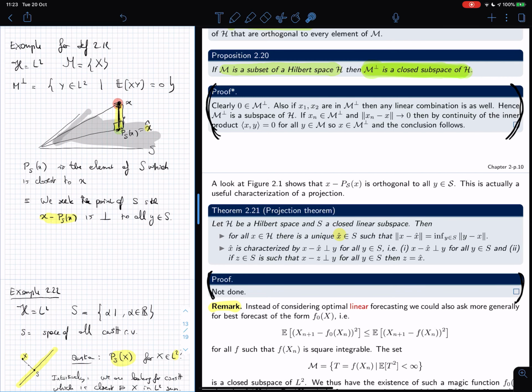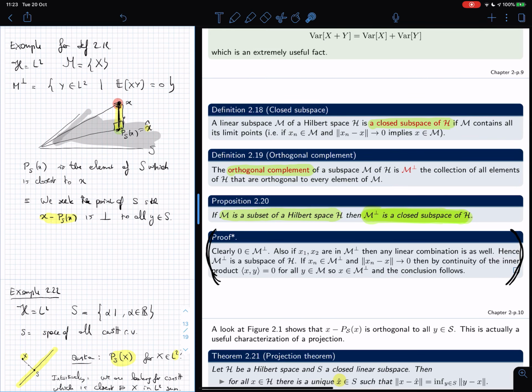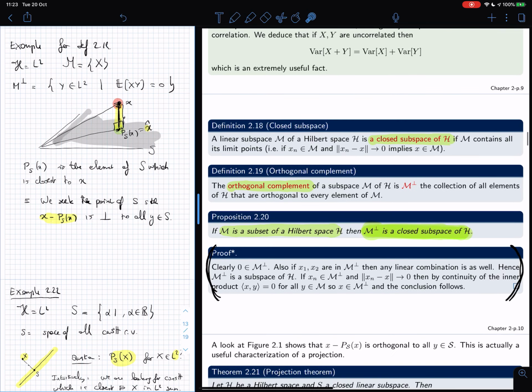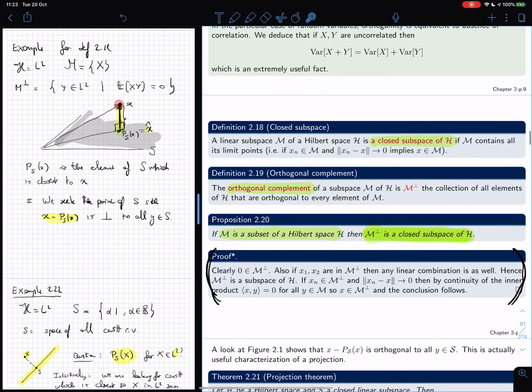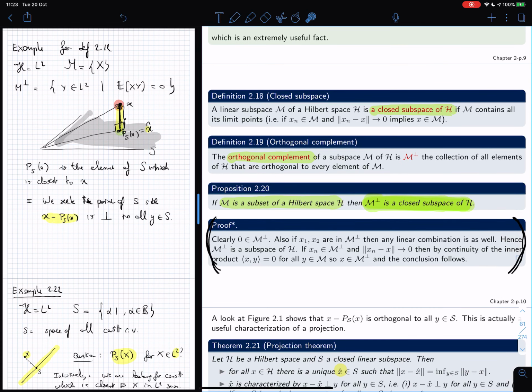So let's go back to a few definitions. We say that a linear subspace of a Hilbert space is closed if it contains all its limit points. We also define the orthogonal complement of a space. If we have a subspace M of a Hilbert space, we collect all elements that are orthogonal to every element of M into a set with the notation M with a little perpendicular.